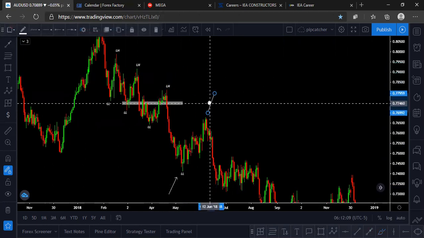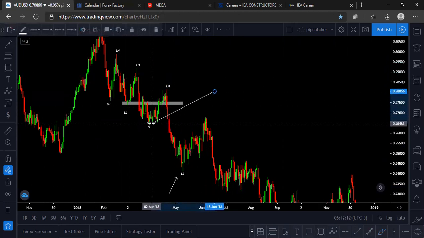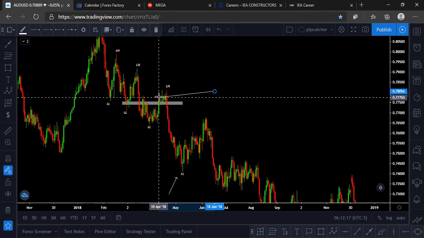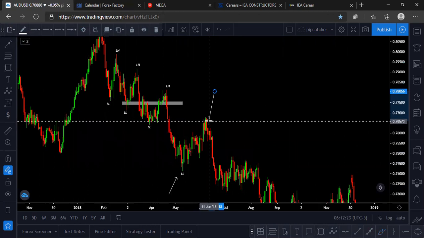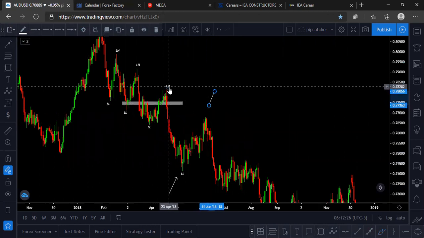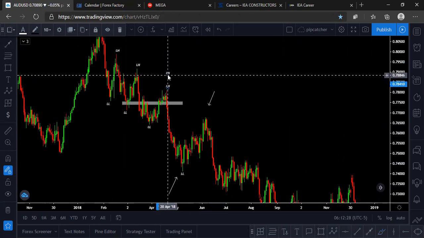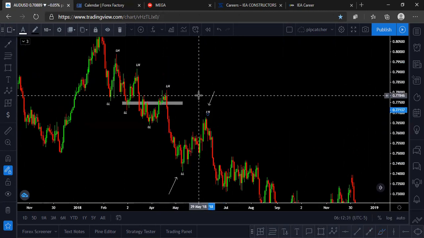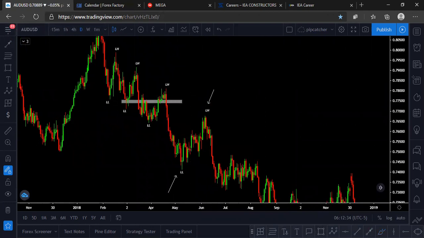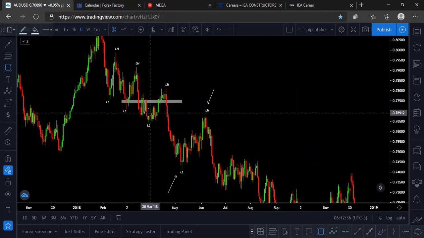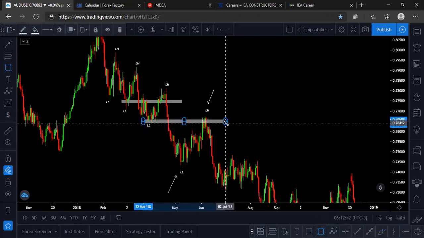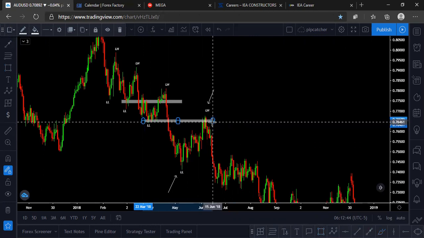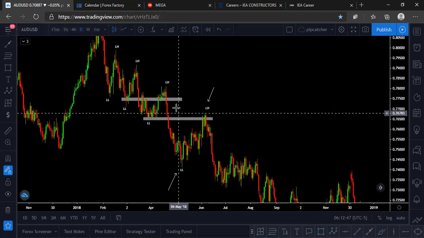As we're looking at this, we can see that this is the previous area of broken structure right here. Price trades to the downside and then retraces back up into that area, giving us a new lower high. Now, if you look at this, we can use these previous broken areas of structure right here to determine our next trading opportunities, right?